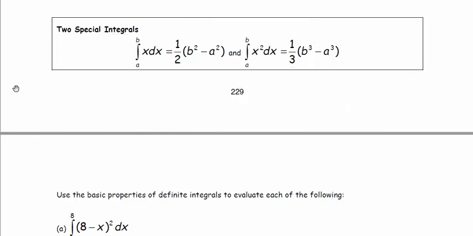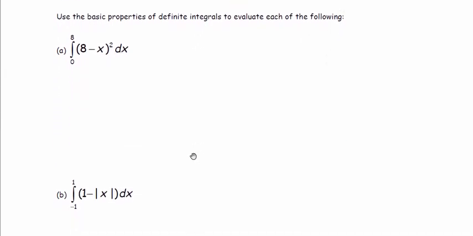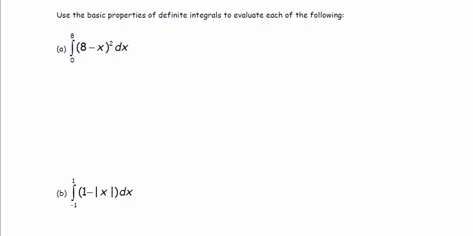So now, let's try to use the basic properties of definite integrals to evaluate each of the following. So here we go. Integral from 0 to 8 of the quantity 8 minus x squared dx.